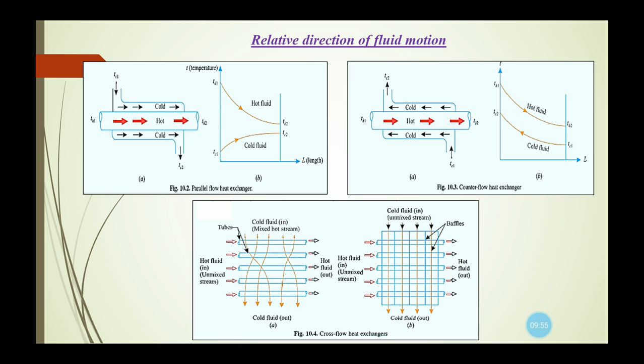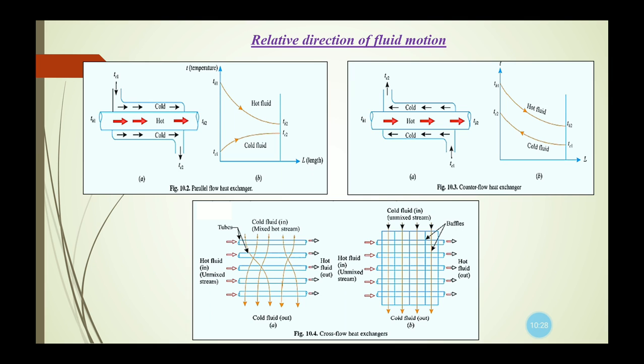Here you can see in diagram 10.2 the schematic diagram, and the temperature versus length graph plotted for the parallel flow heat exchanger, or the unidirectional flow heat exchanger. From the name itself, we can say that the two fluid streams, which are the hot and cold fluid streams, move in the same direction, and that's why it is also known as unidirectional flow.